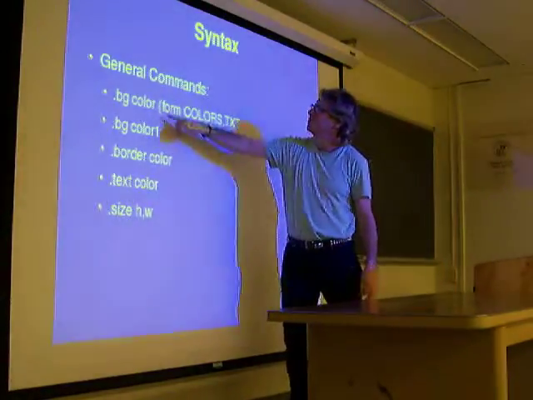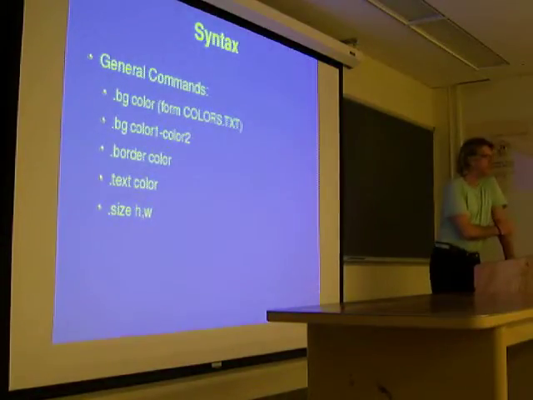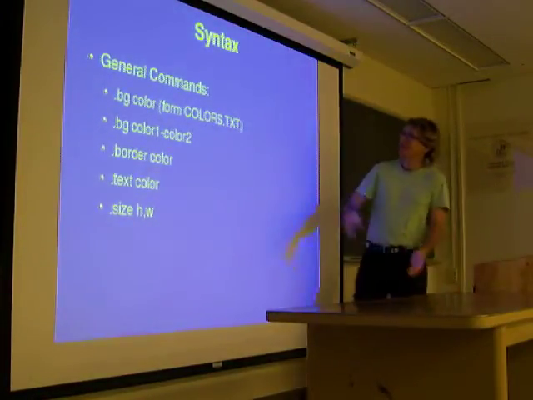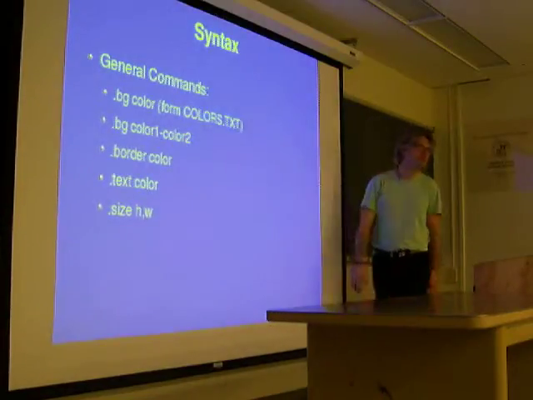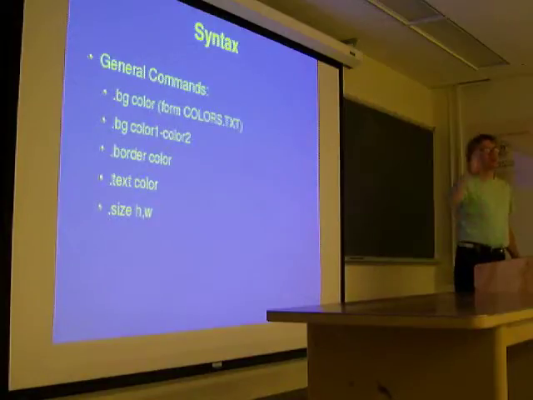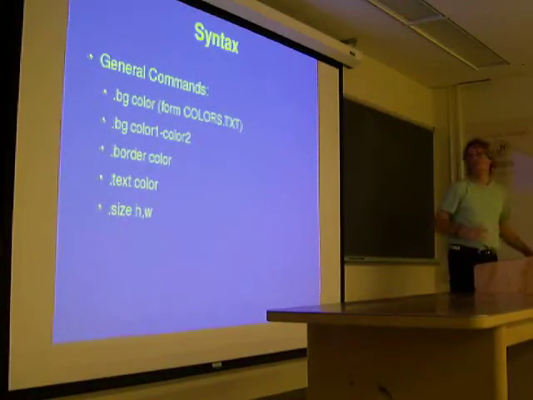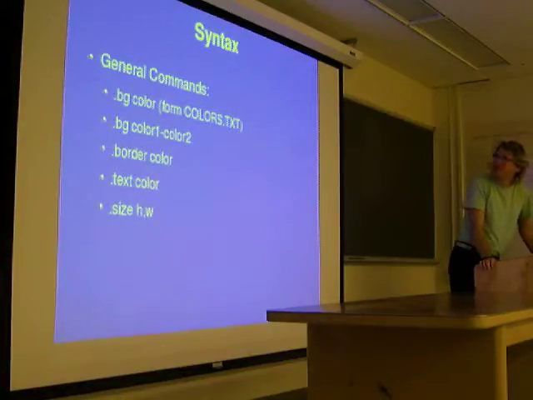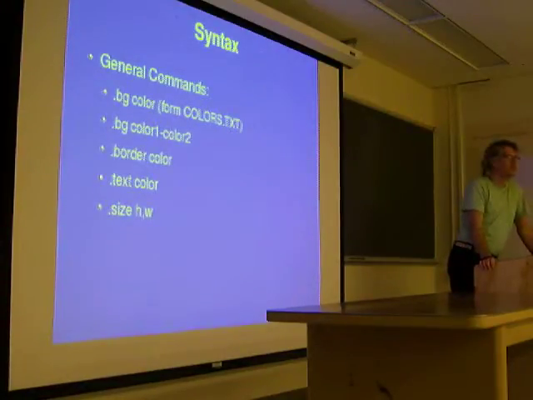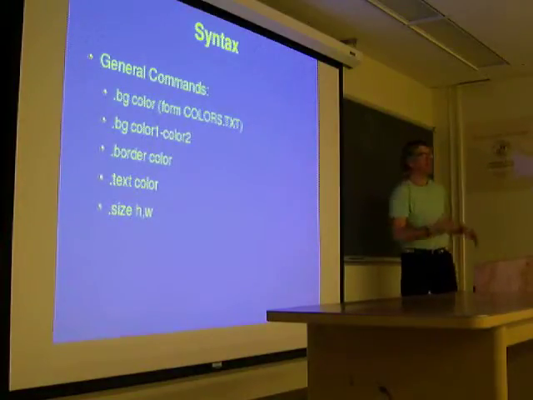You can say color1 - color2, and it'll gradiate the collection of cells. The upper left corner will be the first color, the lower right corner will be the second color, and it'll move between them. That's questionably useful, but it could be nice if you're making a bunch of cells which are going to be used collectively as a single unit.